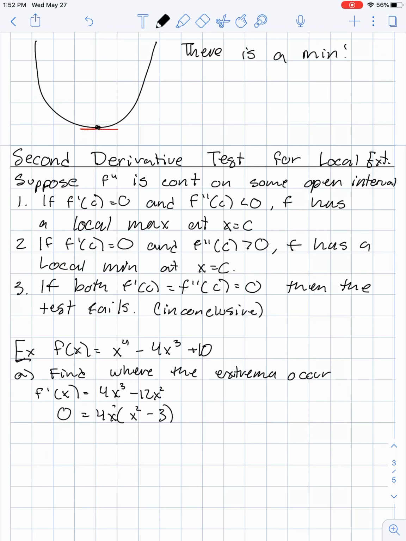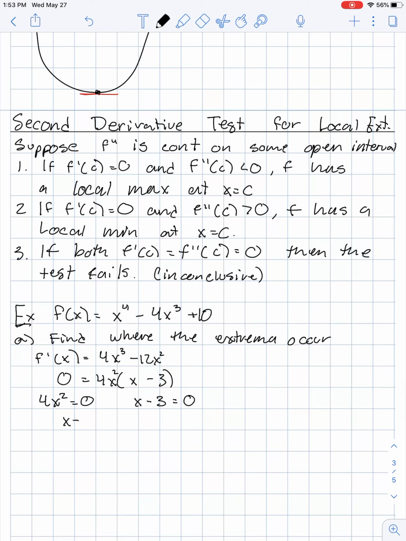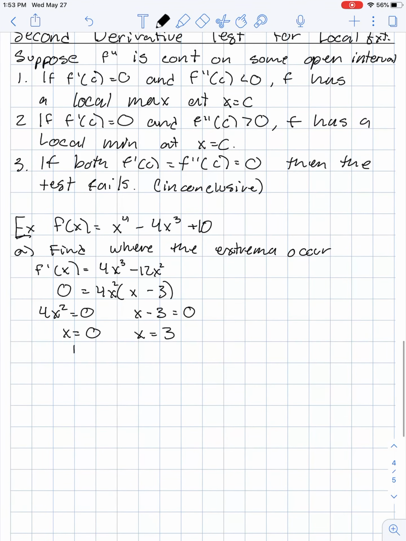So this tells me that either 4x squared is equal to 0 or x minus 3 is equal to 0. That yields x equals 0 and x equals 3 as critical points. Not extrema, just critical points. So now we're going to make our chart.